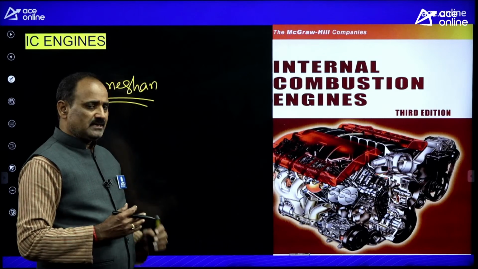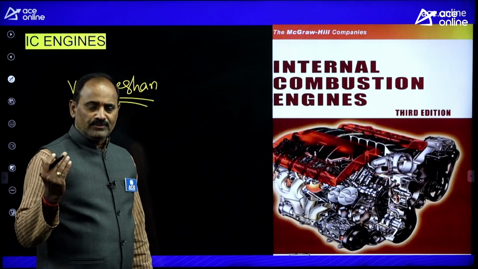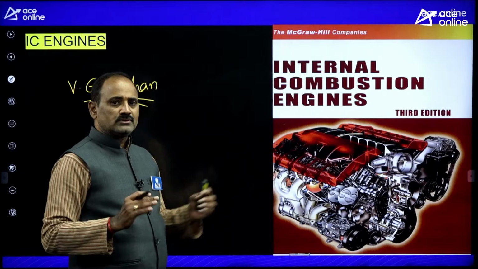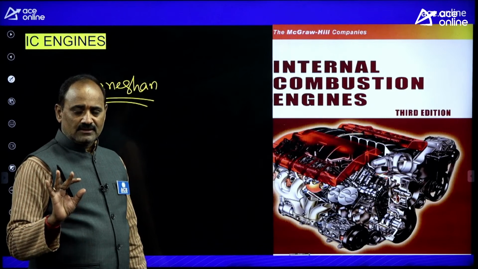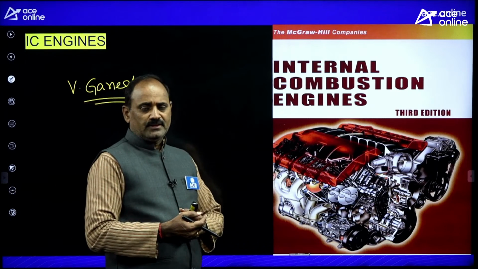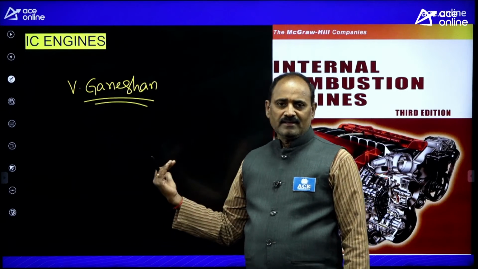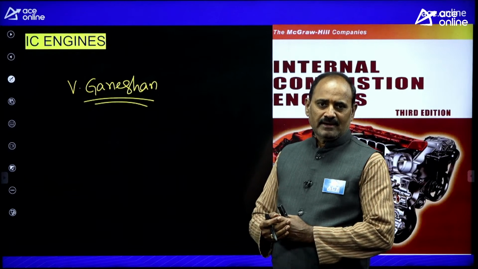These are the extra topics which you need to practice for the ESE exam under the course of internal combustion engines. So these are the topics you need to practice for the GATE thermal and ESE thermal.